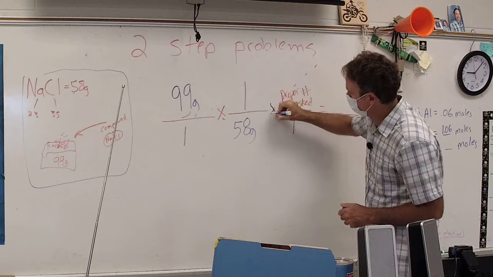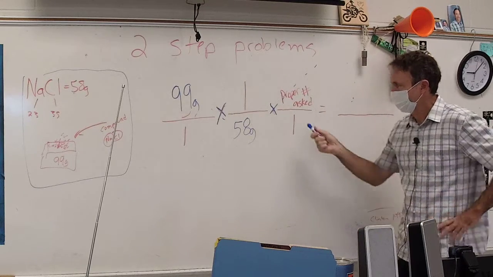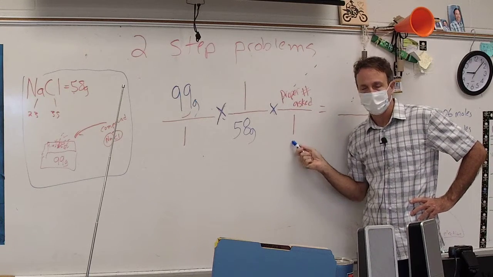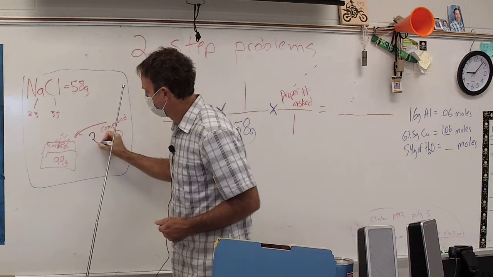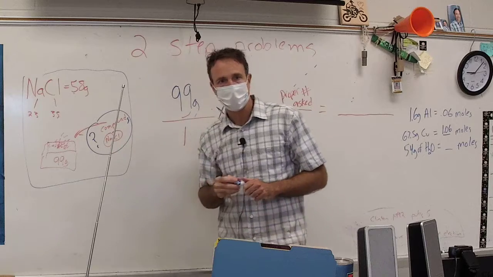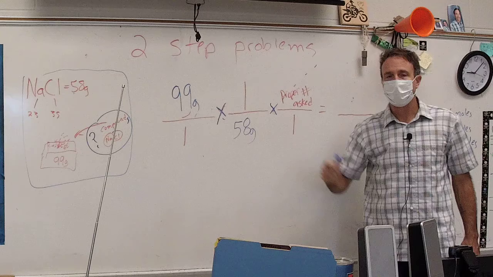And now, again, it's times the proper number asked over 1. What are we asked for? We're asked for how many compounds of salt are on the scale. So what's the proper number for the number of compounds?